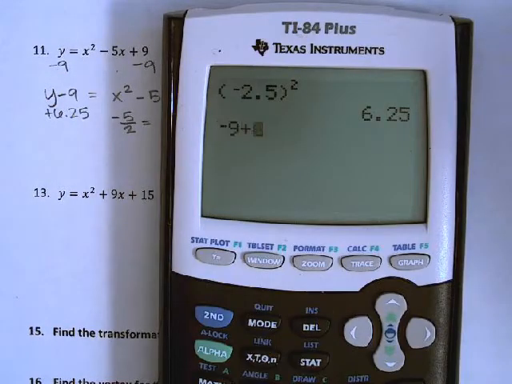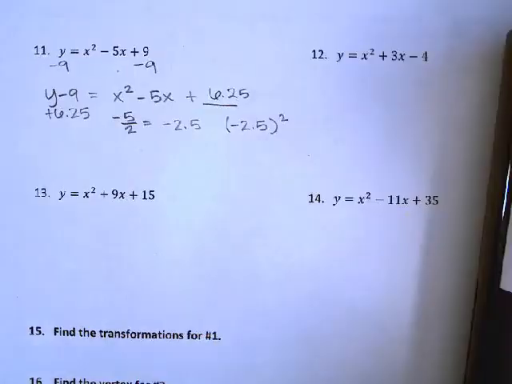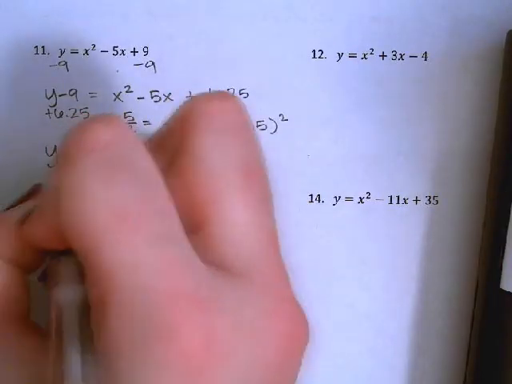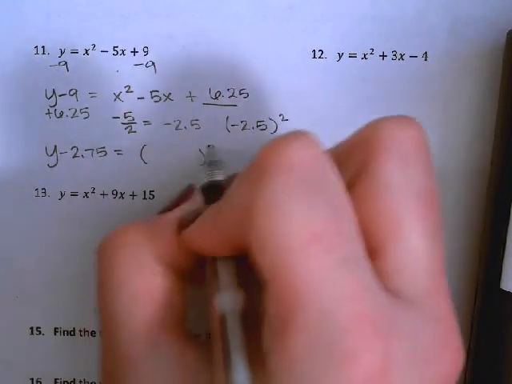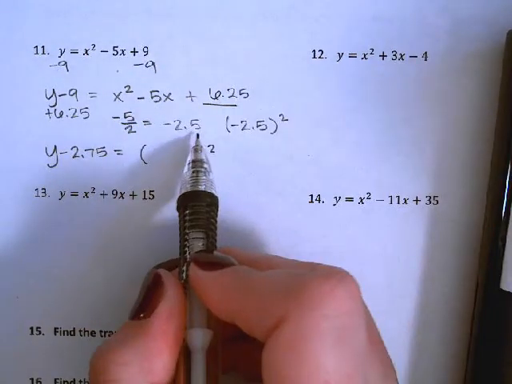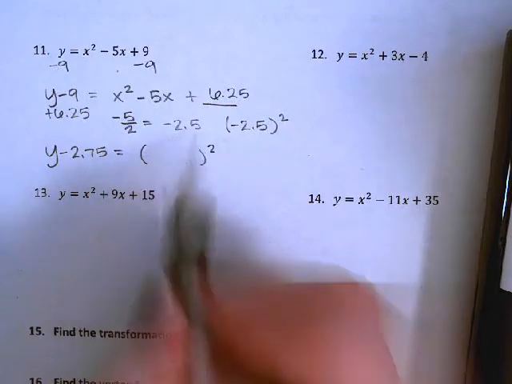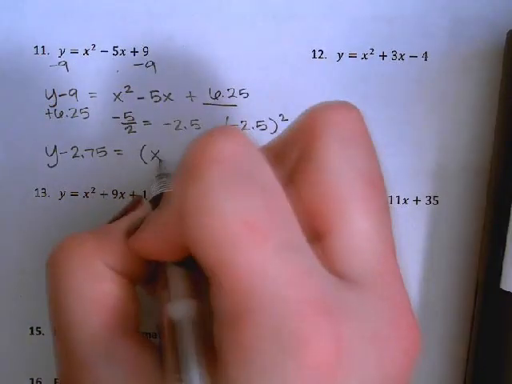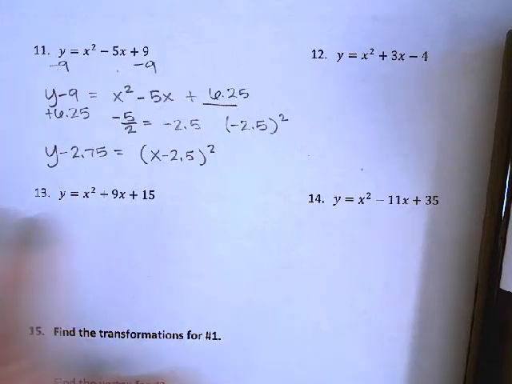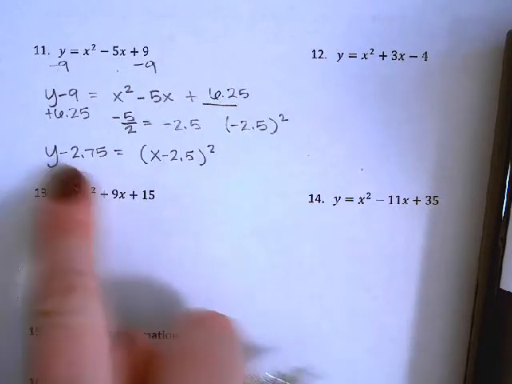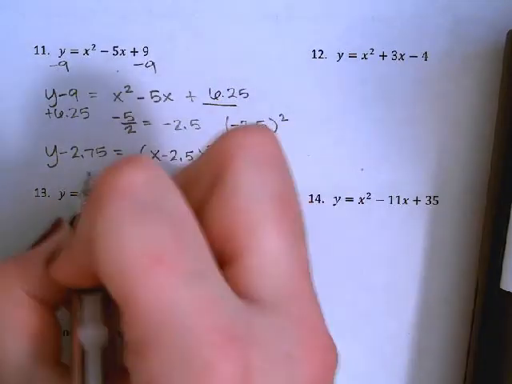Negative 9 plus 6.25, negative 2.75. So I have y minus 2.75 equals, and then the number that I got when I divided by 2 was negative 2.5. So x minus 2.5 squared. And then I can go ahead and take the negative 2.75 and just move it over to the other side.